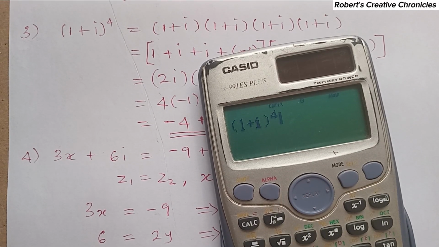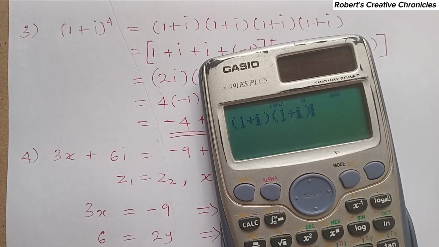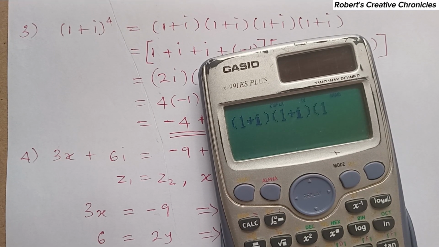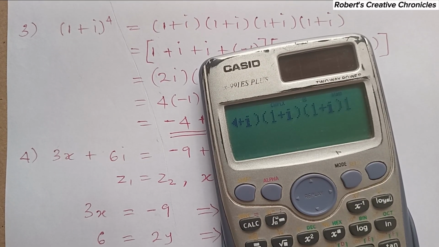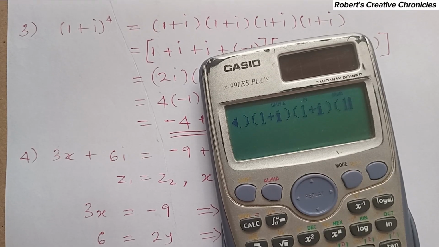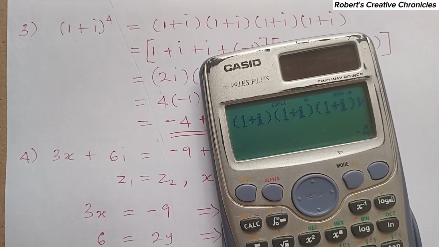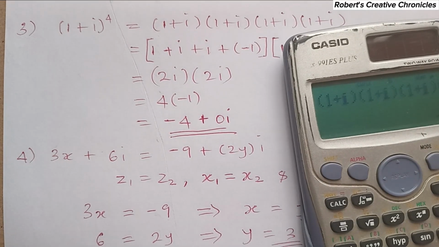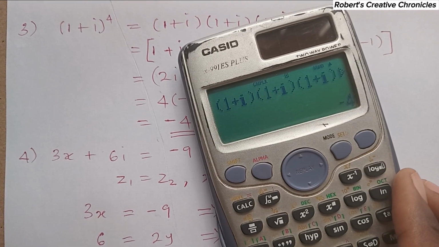So you will have to just be putting it like this: 1 plus i, 1 plus i, 1 plus i. So you see, negative 4. That's the answer. So in complex numbers, you can always use your calculators to confirm the answer.